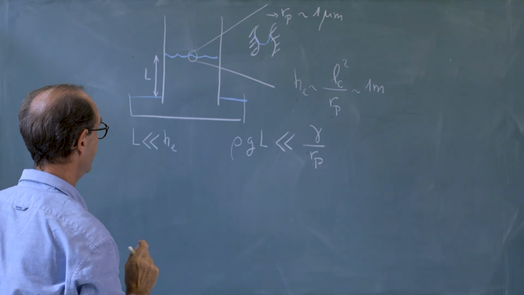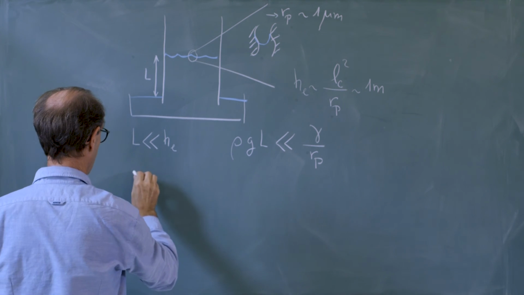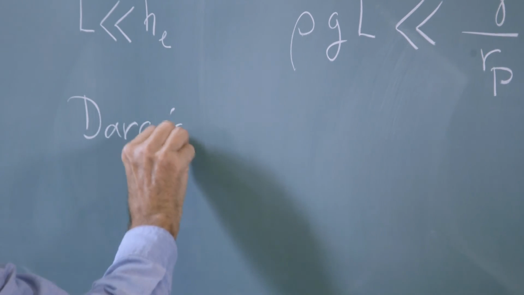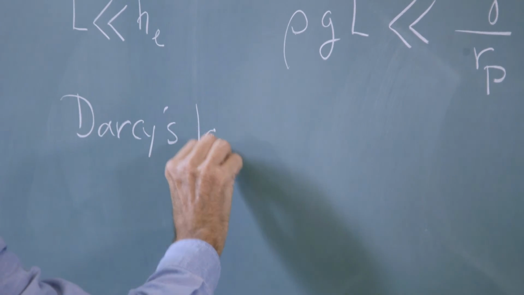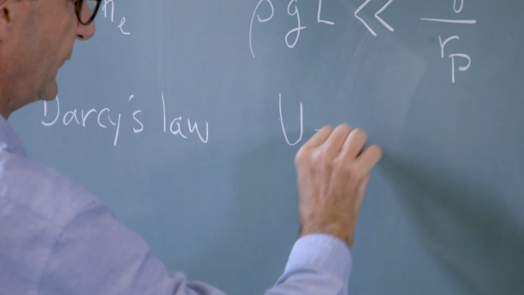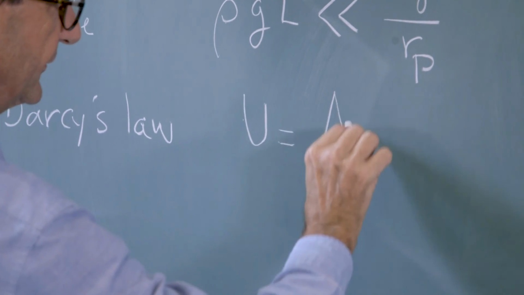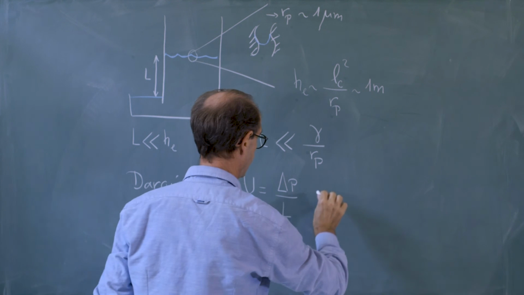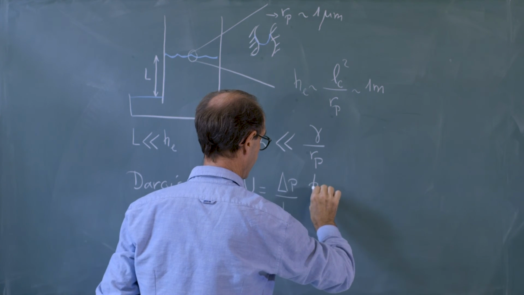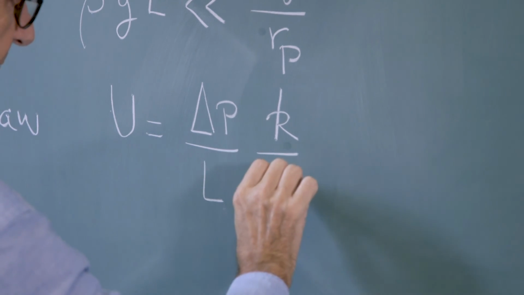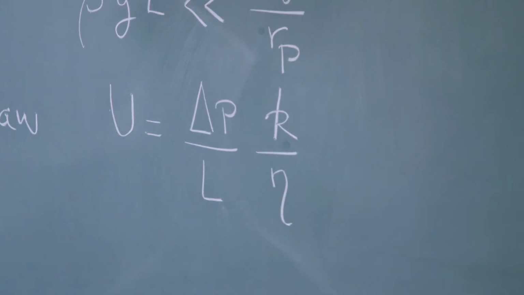And in a porous medium, the flow is governed by a law known as Darcy's law, which tells us that the average velocity is proportional to the pressure gradient, delta P divided by L, multiplied by a ratio which is the permeability of the medium, K, divided by the viscosity, eta.